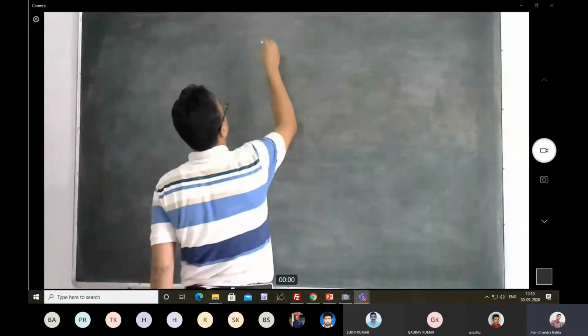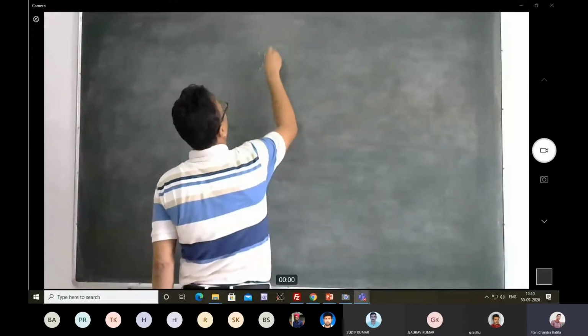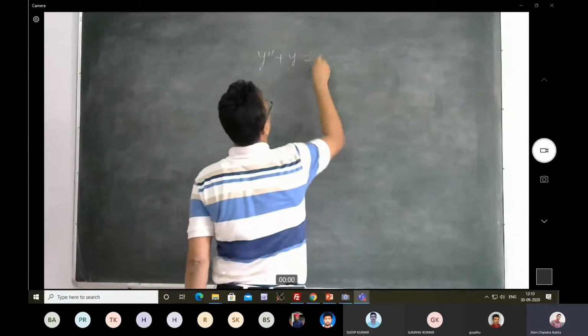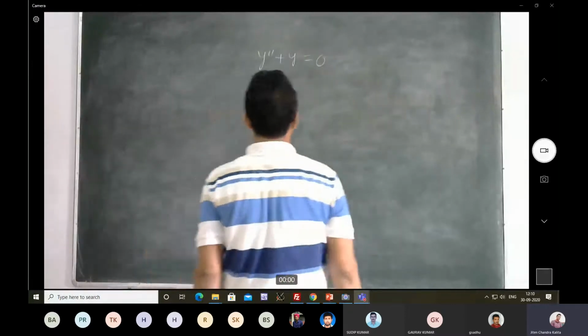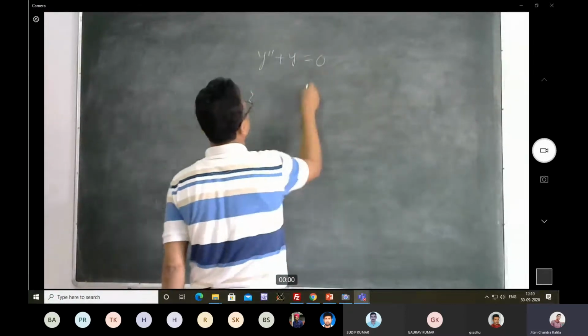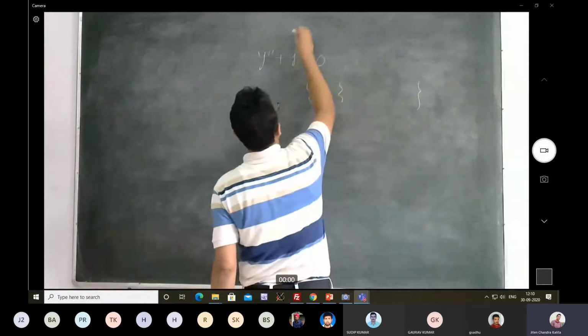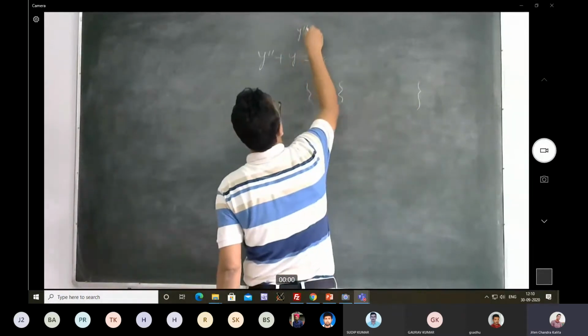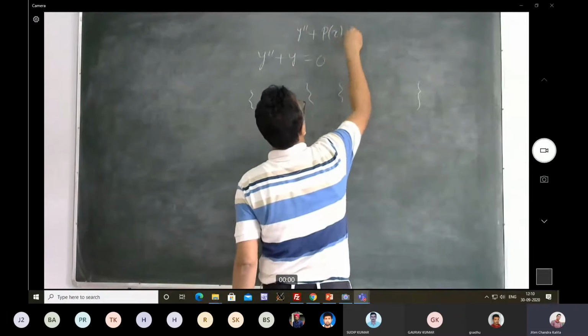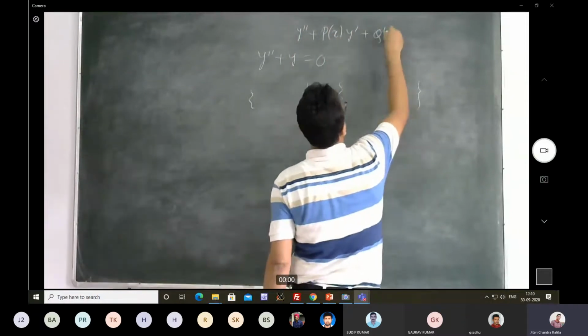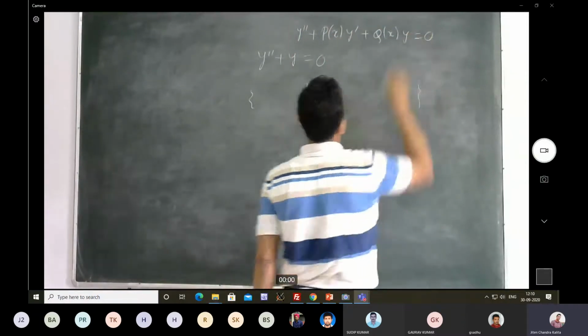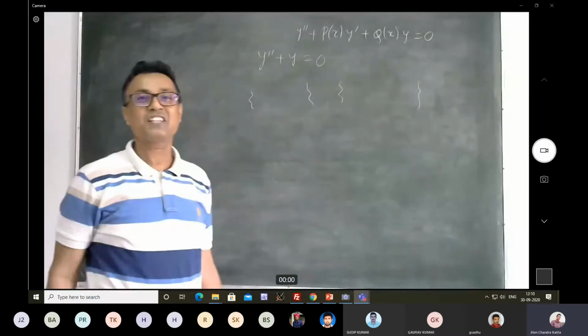In yesterday's class, in one of the examples, I had taken this equation and I was considering two fundamental sets of solutions. Then, while comparing this with y double prime plus p(x) y prime plus q(x) y equal to 0, I told you that p(x) and q(x) are 1.